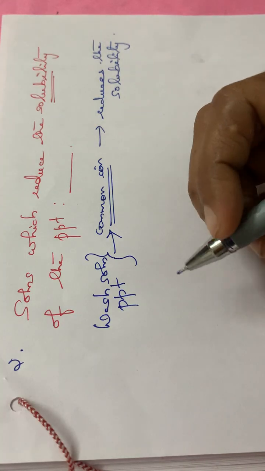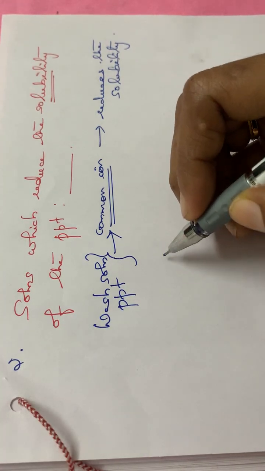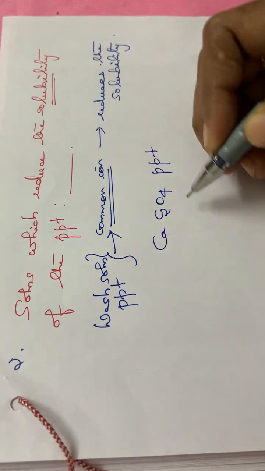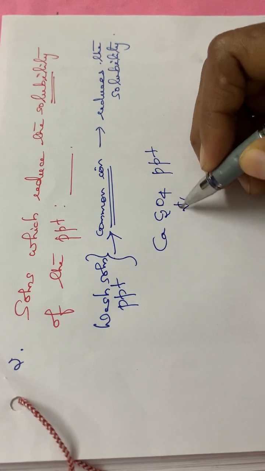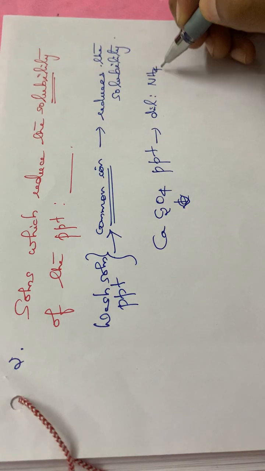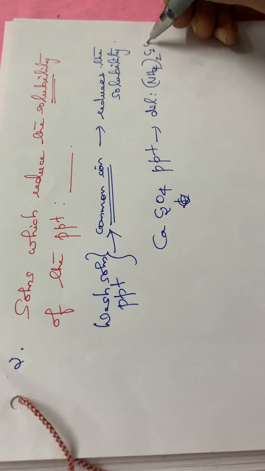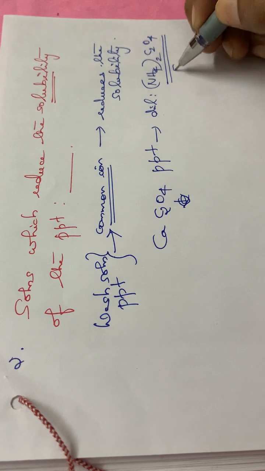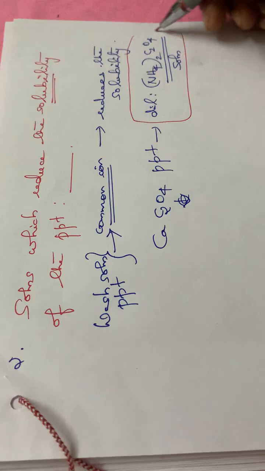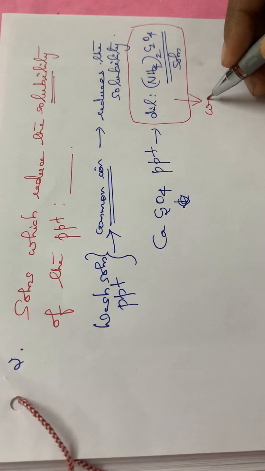Say for example, in the case of calcium oxalate precipitate, we are using dilute ammonium oxalate, (NH4)2C2O4, as the wash solution.